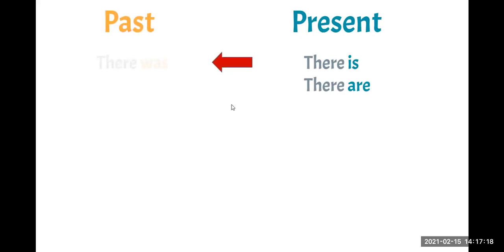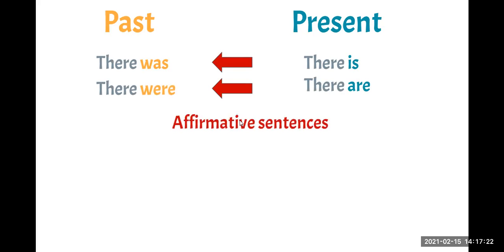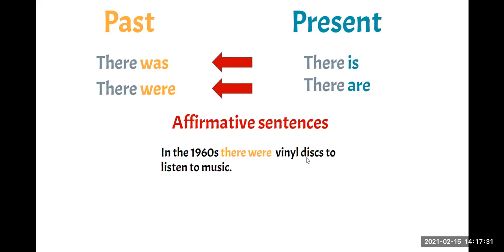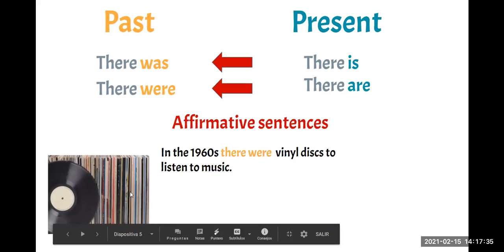So, you said that we have there is and there are, and in the past we have there was and there were, right? And here we have affirmative sentences in the plural form, okay? For example, in the 1960s, there were vinyl discs to listen to music. Remember the vinyl disc?